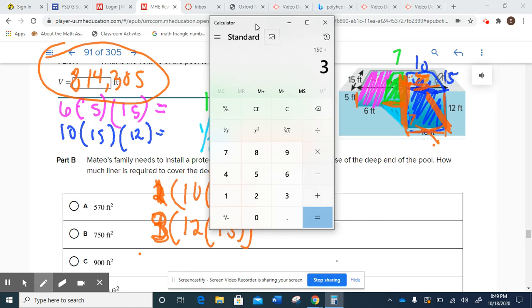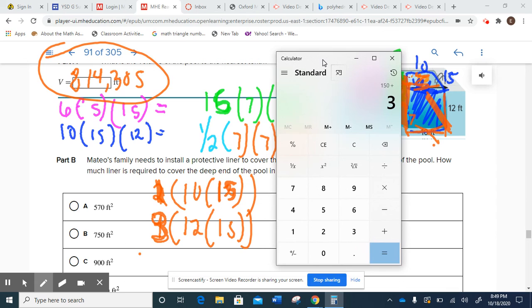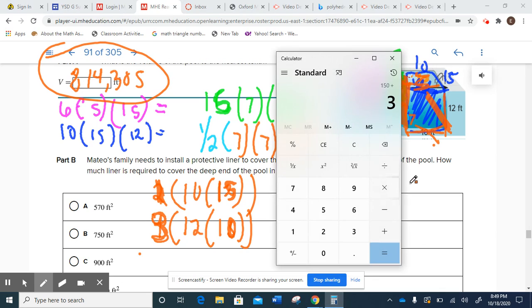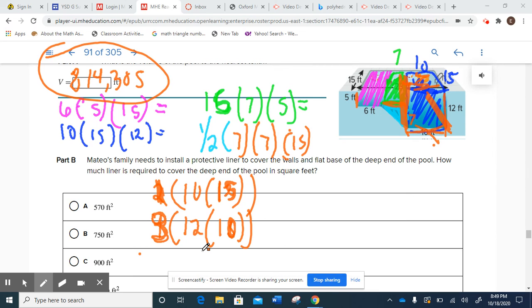The bottom is 10 by, and then, oh, it should be 12. It's not a 15, it's a 10. Okay, let's try that. I need to really erase that picture. Nope. Okay, we're just going to skip it. There are some errors in this book, so we're going to go ahead and just skip that one.